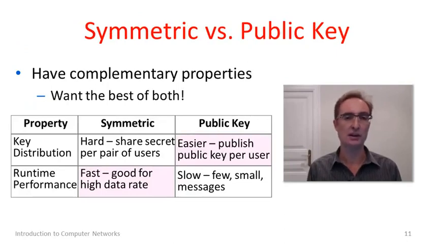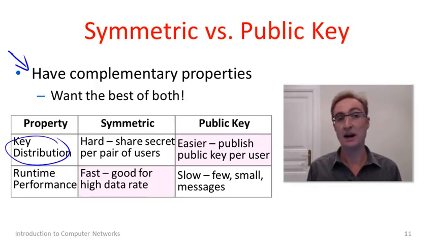Okay, so now you know a little bit about symmetric key and public key encryption. To compare them a little more, I'm saying here really that they have complementary properties. We covered this property, key distribution. For a symmetric key scheme, it's hard because you have a key per pair of different users or hosts. There are a lot of different pairs, so there are a lot of keys, and every time you want to talk to a new person, you need to distribute these keys.